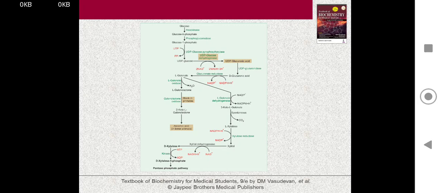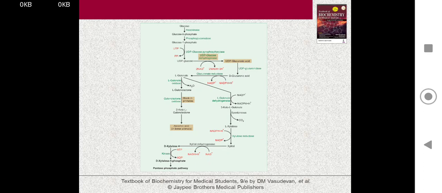In this pathway, UDP glucose is converted with the help of enzyme UDP glucose dehydrogenase to UDP glucuronic acid. With the help of UDP glucuronidase, it is converted into D-glucuronic acid. Now D-glucuronic acid is converted with the help of enzyme glucuronate reductase to L-gulonic acid, which is converted into L-gulonolactone in certain species.